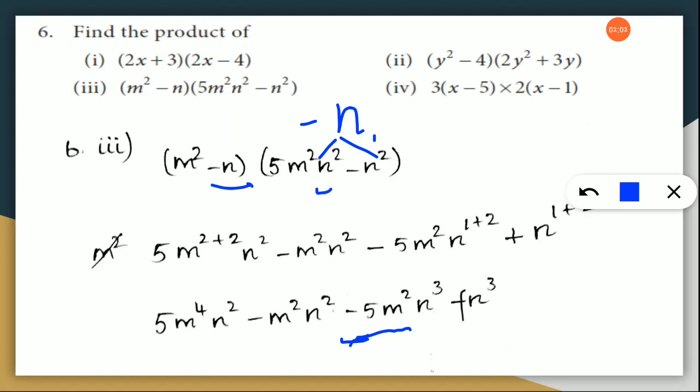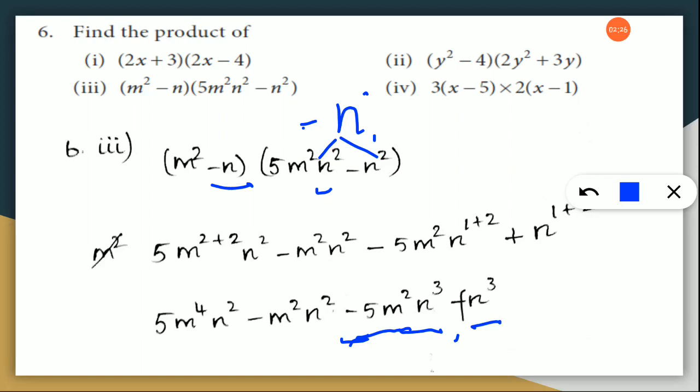So the power should be added. n power 2 plus 1 will give us n power 3, and then minus n is multiplied with minus n square. So this minus and minus will become plus, and then n into n square will give us n power 2 plus 1. So therefore n power 3.